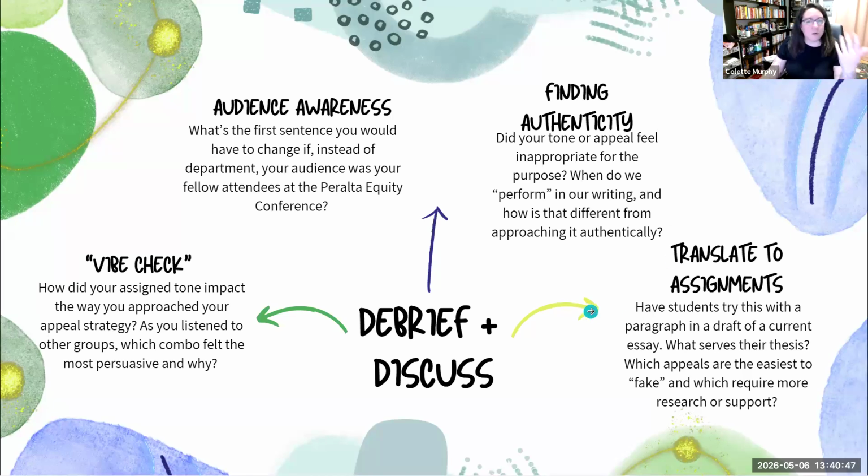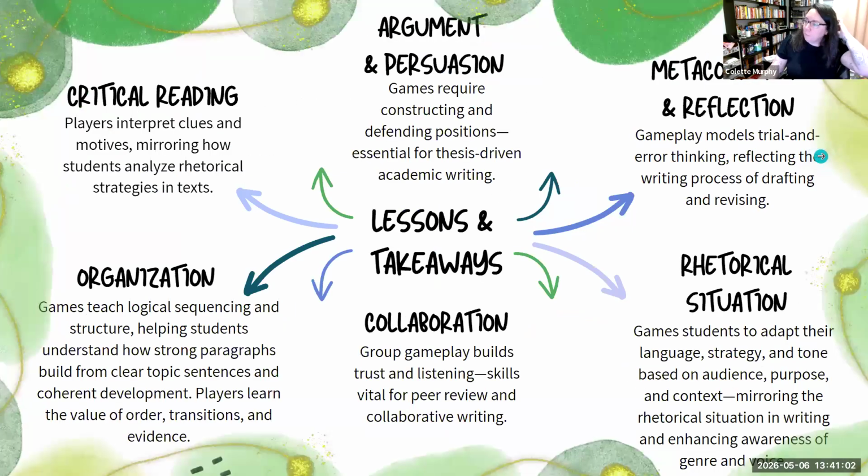And so you can translate this by having students actually try it with a piece of writing, maybe something they've written for a class, which feels fake, which feels more like them, how can they play around with it and find those different things, and which requires more research or support.